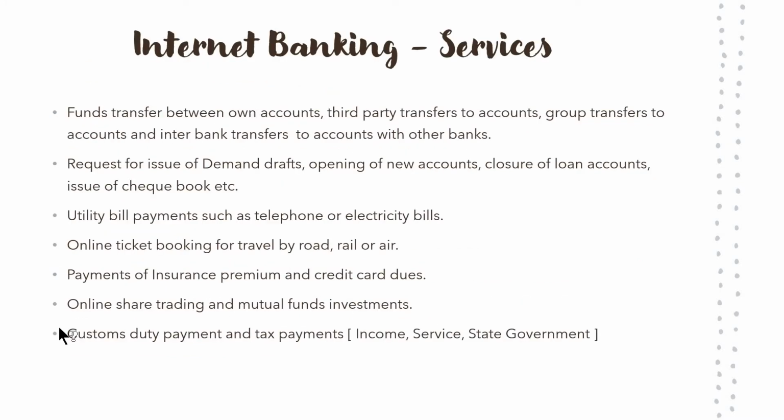Before I proceed with the services of internet banking, there are many methods for making payments electronically. It can be done via payment cards, that is, credit card, debit card, or smart card. The other one is online wallets, or UPI, that is Unified Payment Interface.